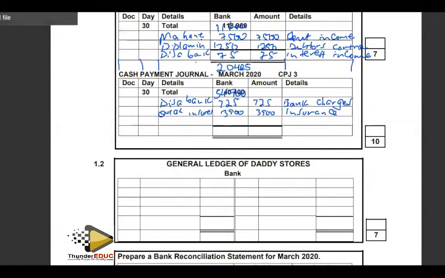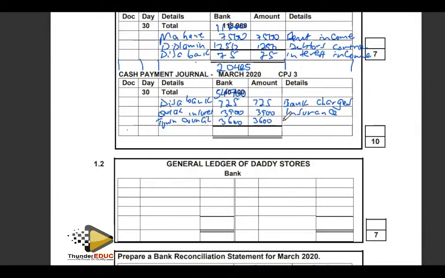Whom were they paying? Town council, okay. Water and electricity here. The details we are going to say town council. Town council, we paid them 3,600.